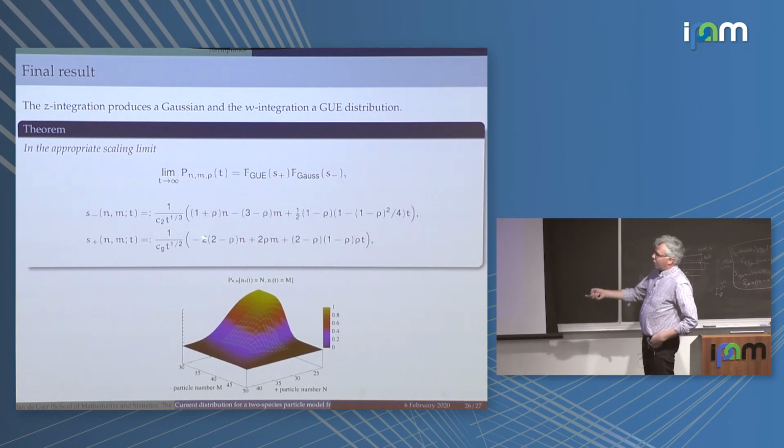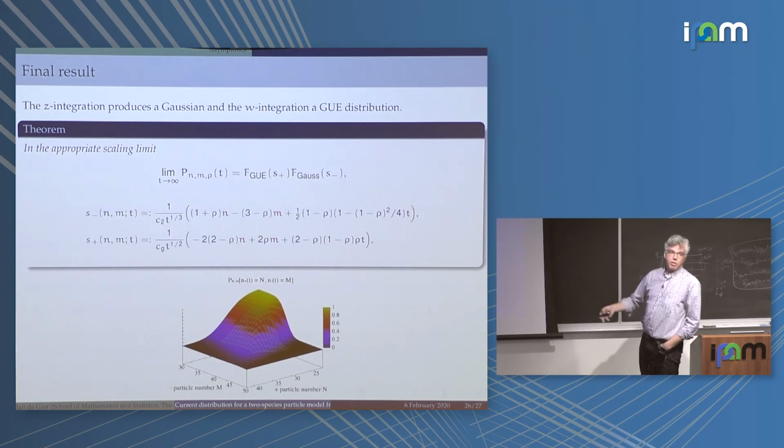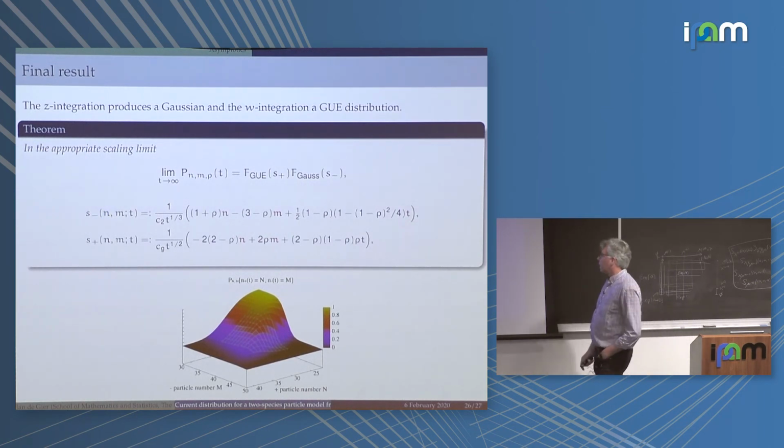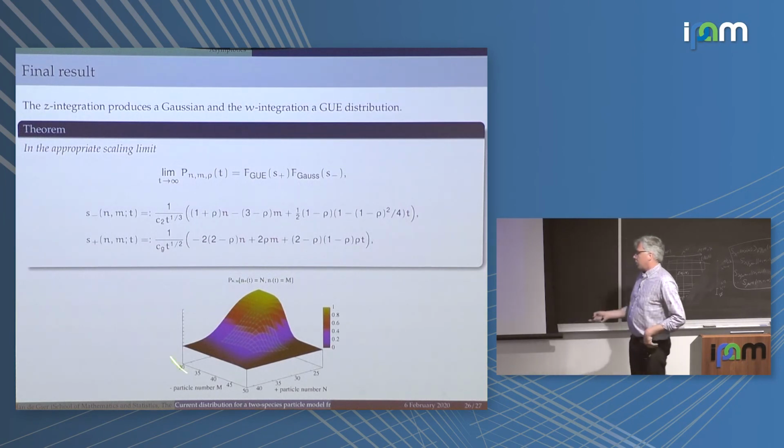Here are the formulas for those S plus and S minus in terms of N, M, and T. They're very explicit, they're just a bit ugly. And then you can just plot, as a function of the particle models, the full distribution like this.